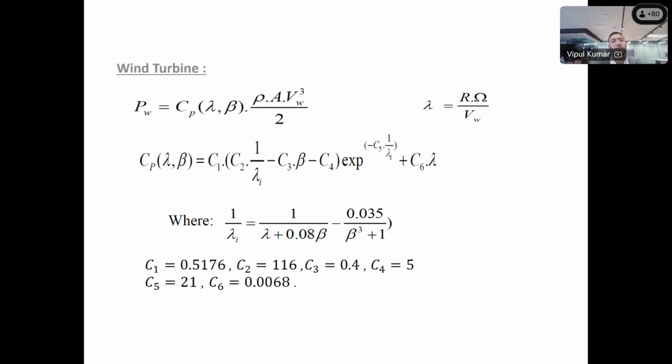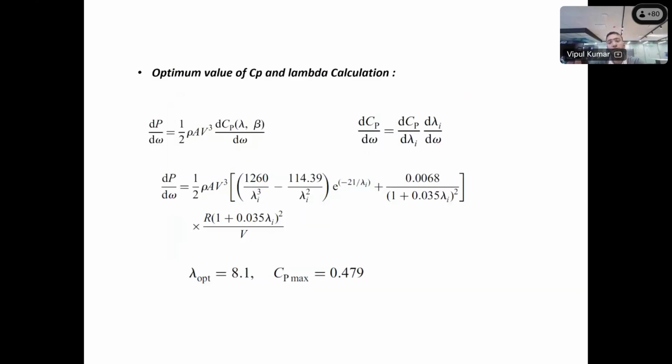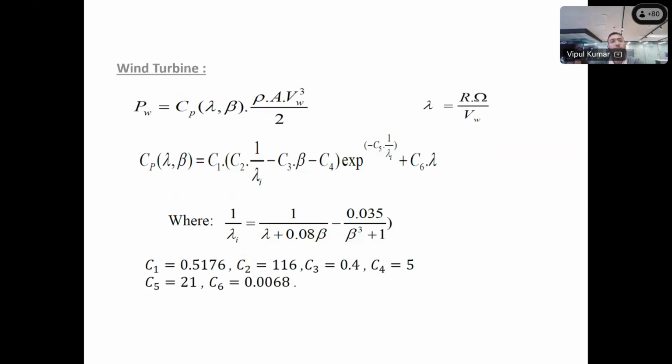Cp is constant, rho is constant, A is also constant, and 2 is constant. So the power generated depends on the wind velocity. This is for the particular wind turbine which we have simulated in our software.